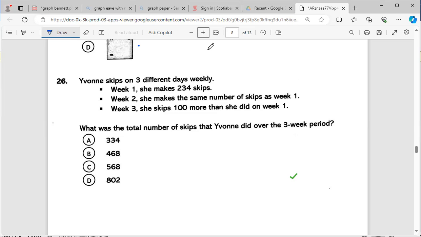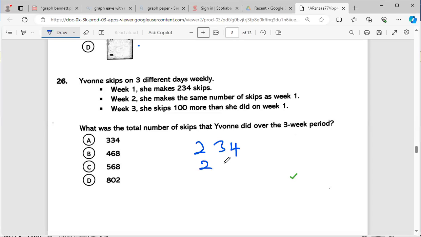Sir, so what I did, my answer is D, 802, because Yvonne skips on 3 different days weekly. Week 1, she made 234 skips. Week 2, she makes the same number of skips as week 1. So what I did, I added 234 plus 234.